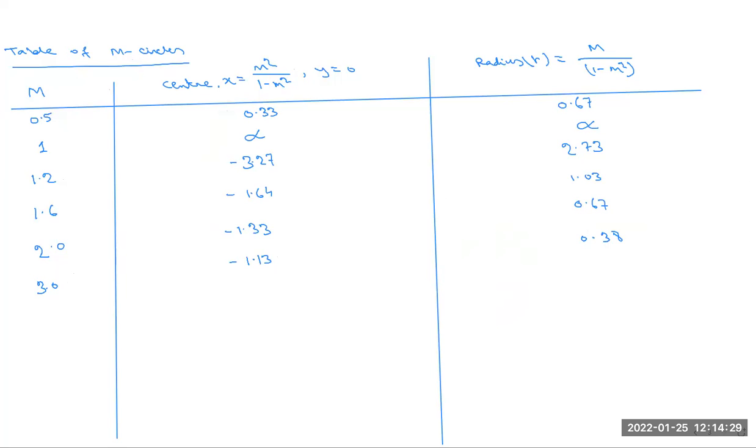So now we have to consider the circles of the M circle. So the diagram is coming. This is the x-axis. Another one is the y-axis.